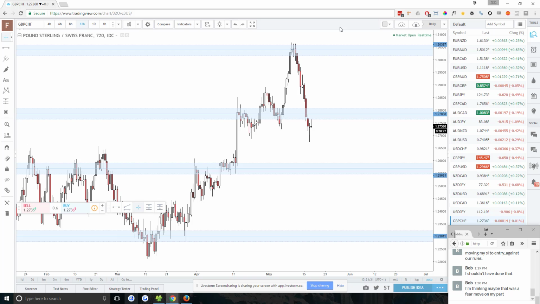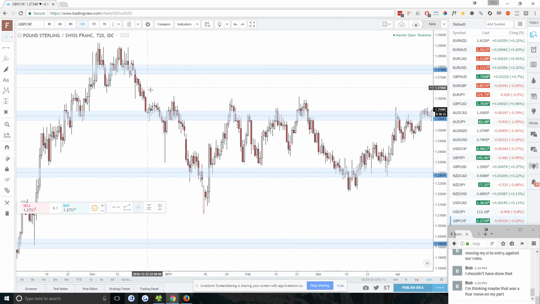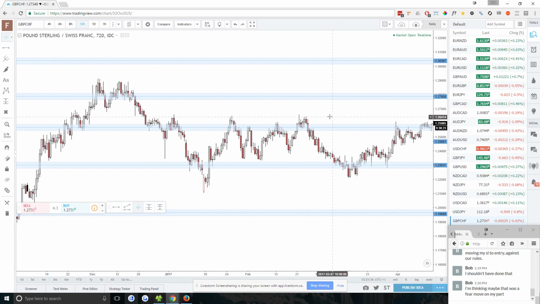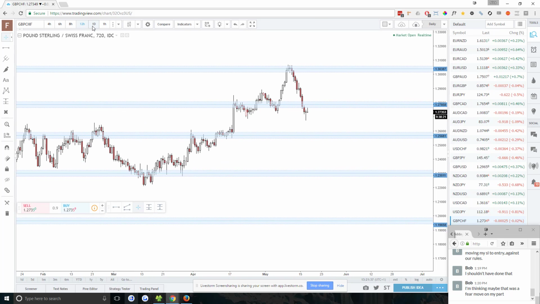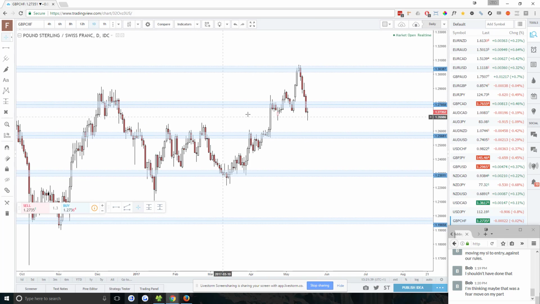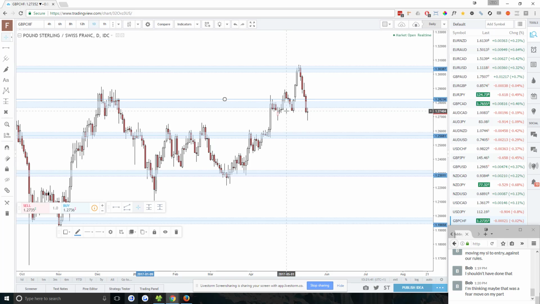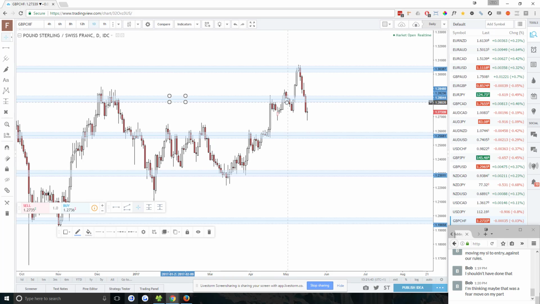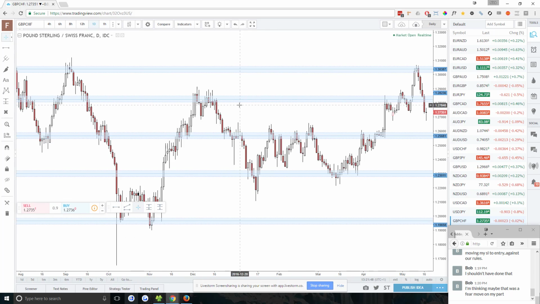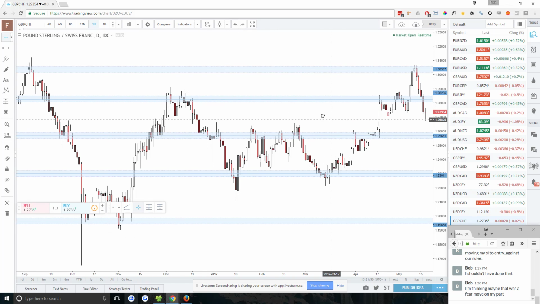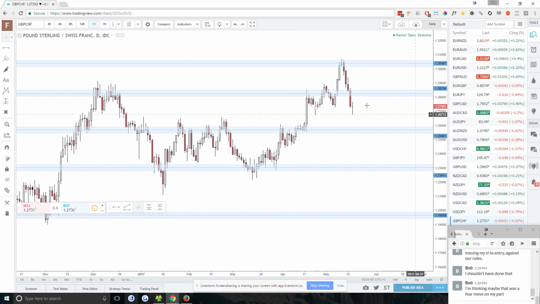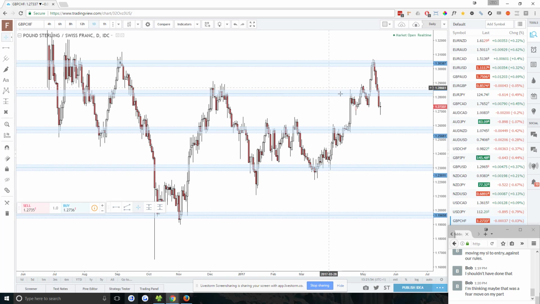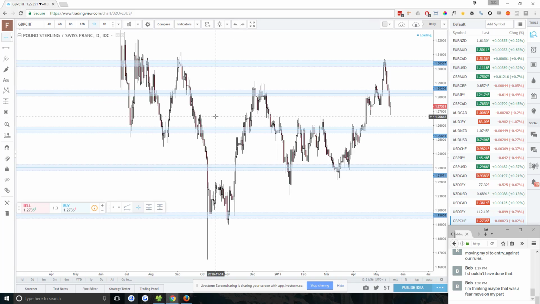Support could have easily become resistance at this point. I don't really see it. This area could be even higher, up here. I don't really see any strong support down at this current indecision candle.